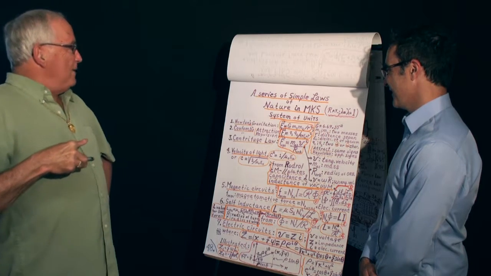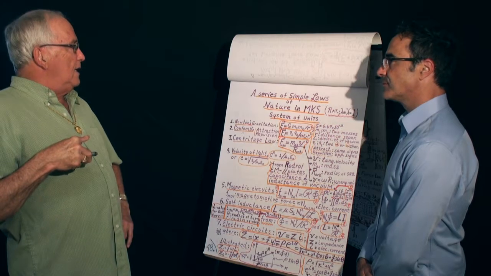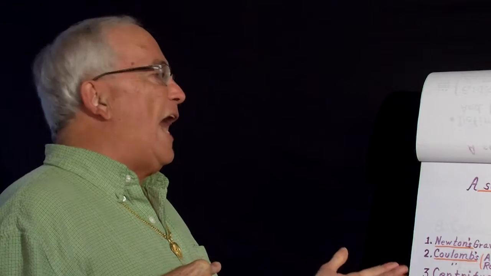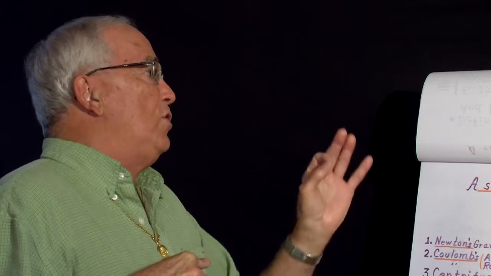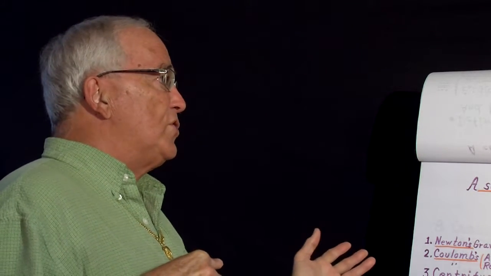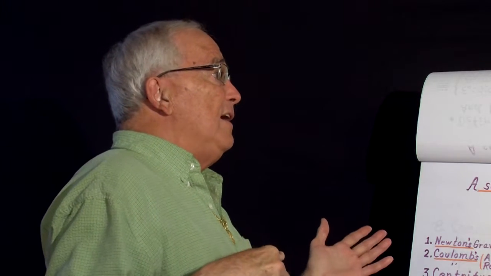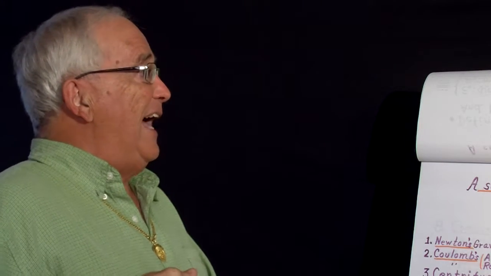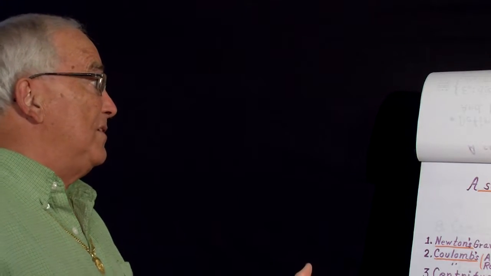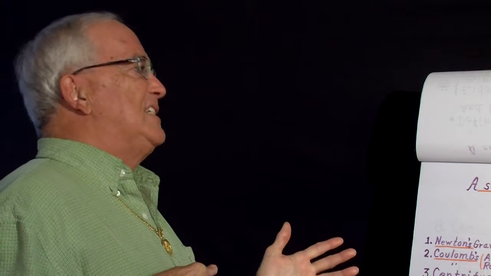Because I mentioned that in all atoms, like in a hydrogen atom as an example because it's the simplest one, you have only one electron and one proton. In iron, you can have 50 protons and neutrons and as many electrons to be neutral. But in the case of the hydrogen atom, it's much simpler.